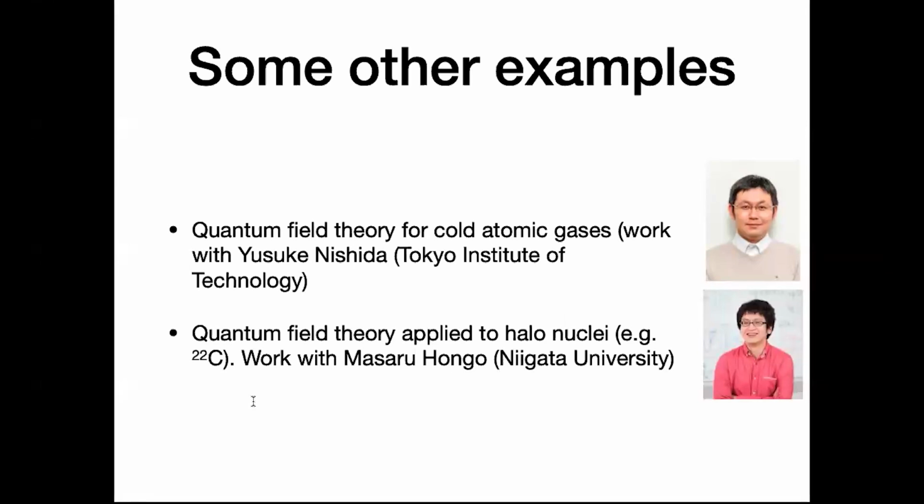And recently, I've worked with Masaru Hongo using quantum field theory to describe some nuclear systems, so-called halo nuclei. These are nuclei with a very large number of neutrons. One example is carbon-22, with 10 more neutrons than the usual isotope of carbon. And this carbon-22 is basically a three-body system: two neutrons very far away, and one core of carbon-20 at the center. So it's only three particles.